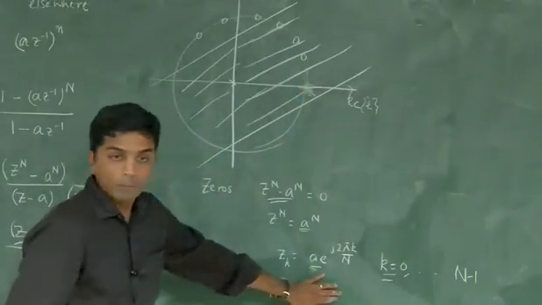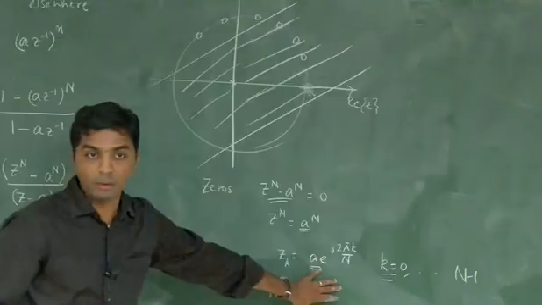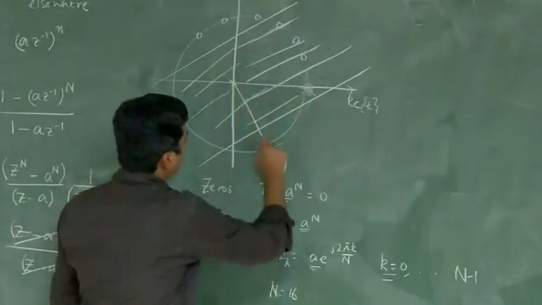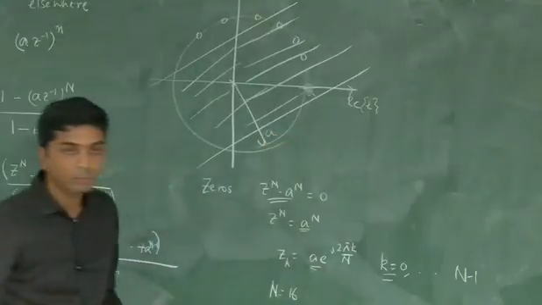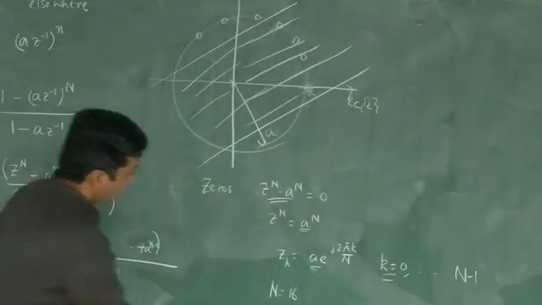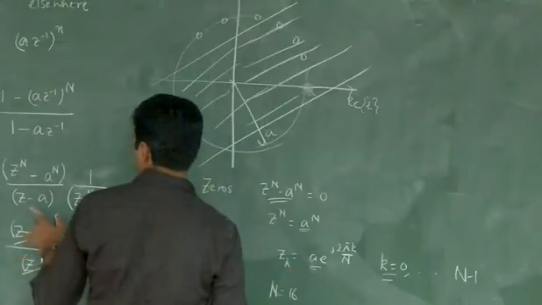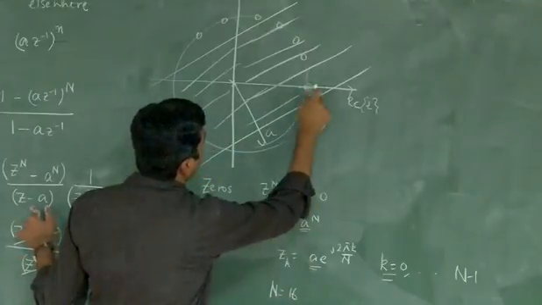When k is 0, my first root is going to lie at z is equal to A. So the radius of this thing is A, okay? And so this is what is going to happen. That is going to cancel out this pole that I have, so I will not have anything here.